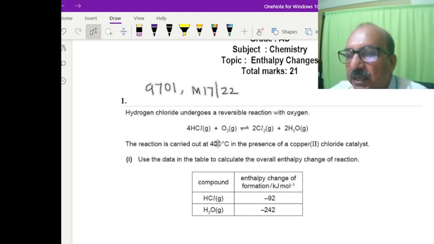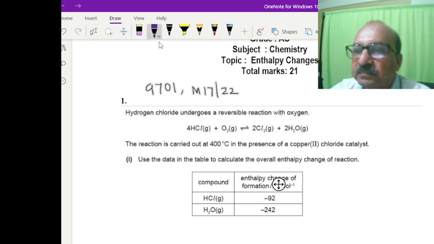But when you see the data, you find that you have got the enthalpy change of formation of HCl and H2O, but you find that oxygen and chlorine are missing. So what is the reason? Can you think about the reason why oxygen and chlorine are missing in the data?